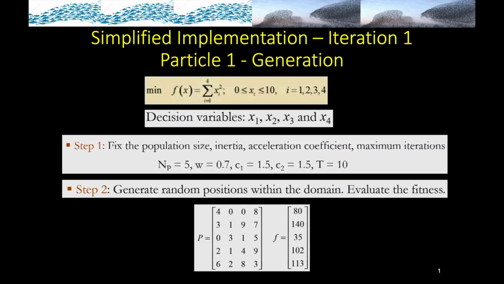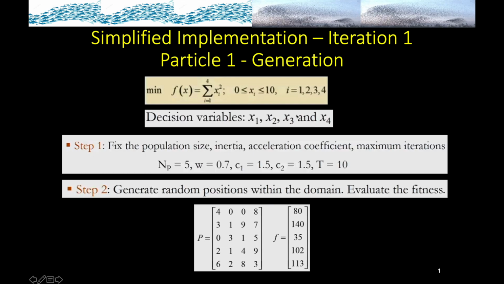We know that the lowest possible value for function x would be 0 when all of these x1, x2, x3 and x4 are 0. The allowed boundaries for each of these x variables are between 0 and 10.